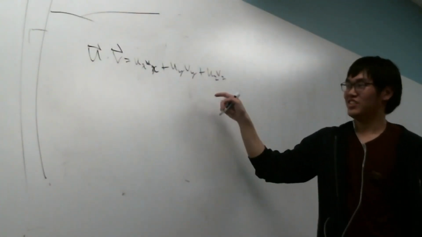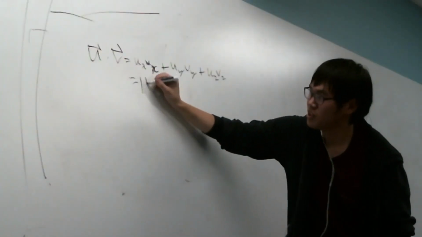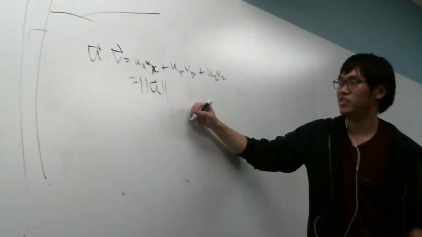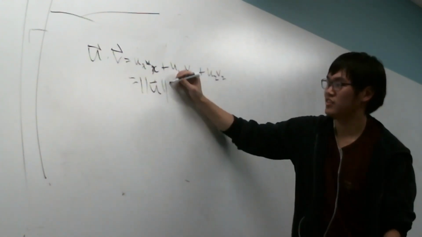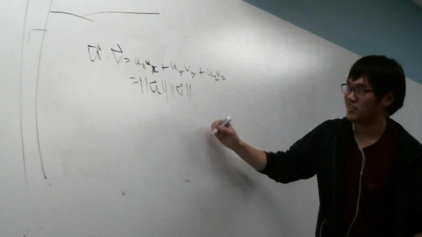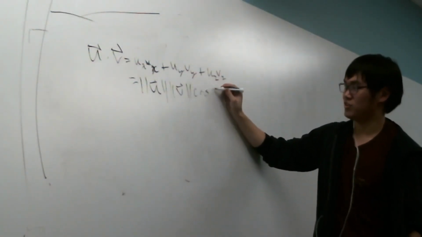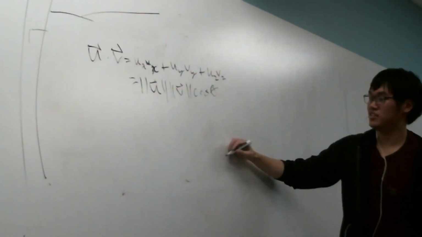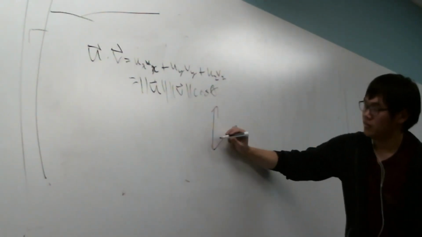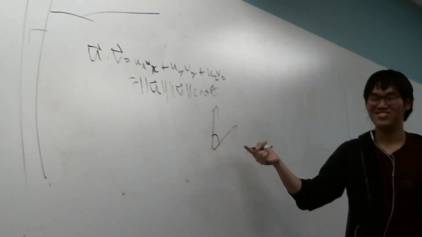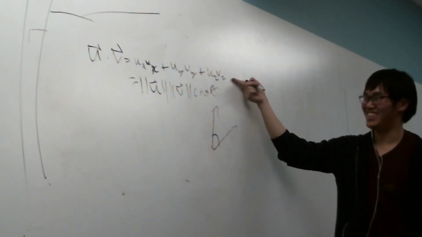Another equivalent statement is to find the product of the magnitude of u and the magnitude of v, and then multiply that by cosine theta, where theta is the angle between those 2 vectors.